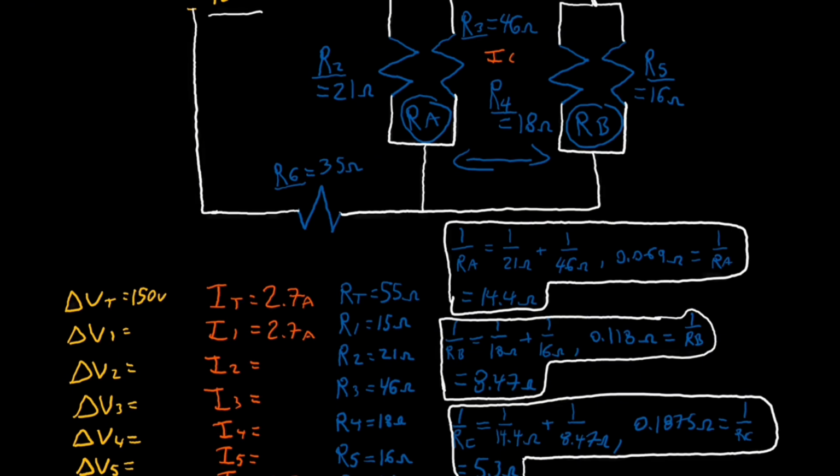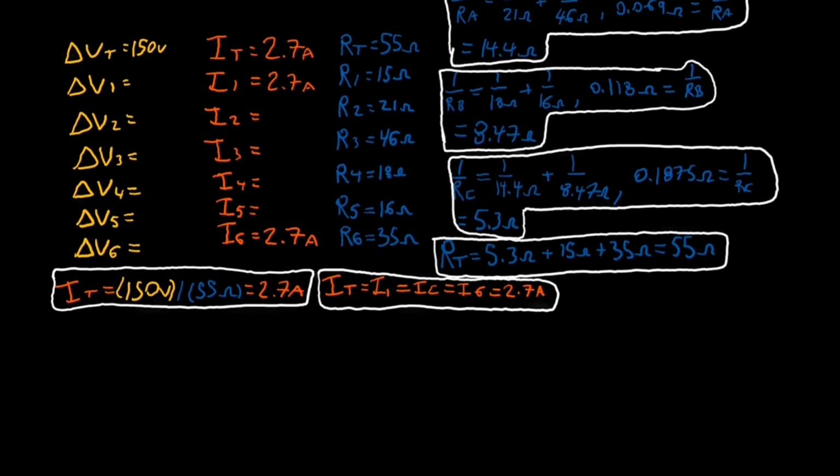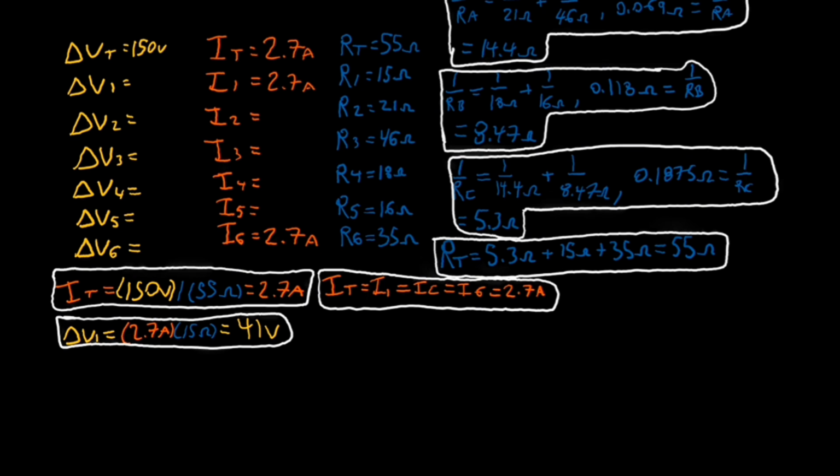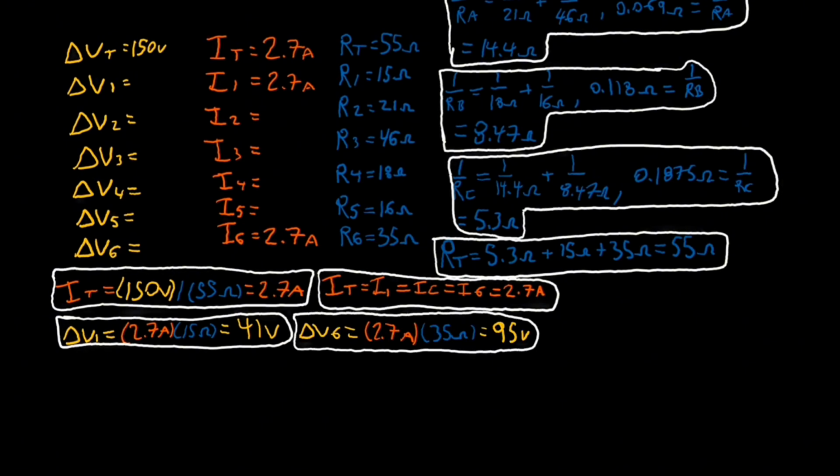Now that we have I1, I6, as well as R1 and R6, we can find V1 and V6. So V1 equals 2.7 amps times 15 ohms equals 41 volts, and V6 equals 2.7 amps times 35 ohms equals 95 volts.